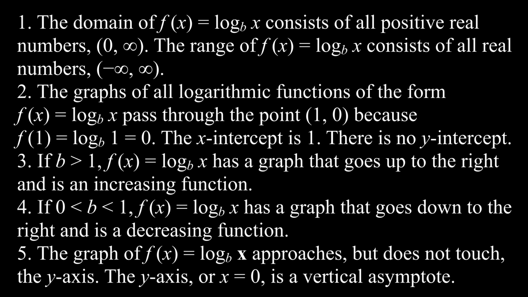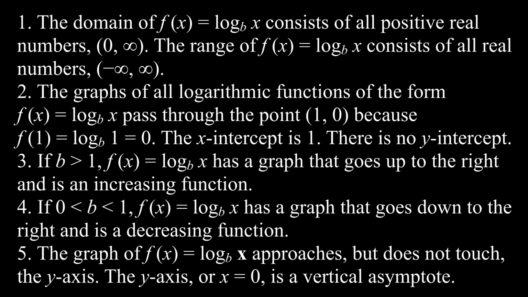And the function will not have a y-intercept because you can never have an exponent that gives a value of 0, for exactly the same reason that the exponential never crossed the x-axis. Then if b is greater than 1, the function log base b of x will go up to the right and be increasing.